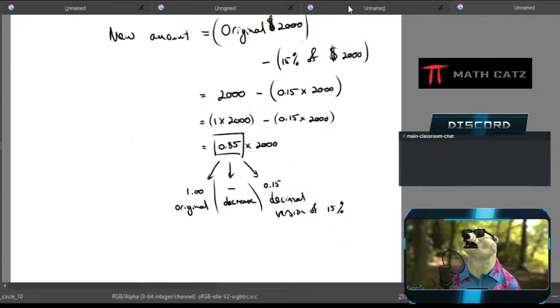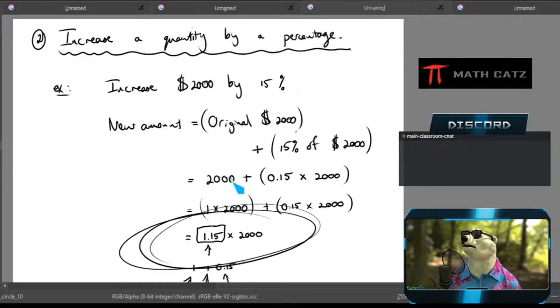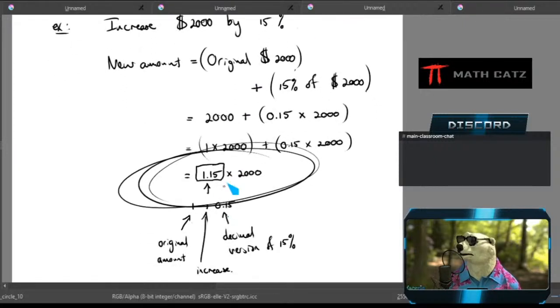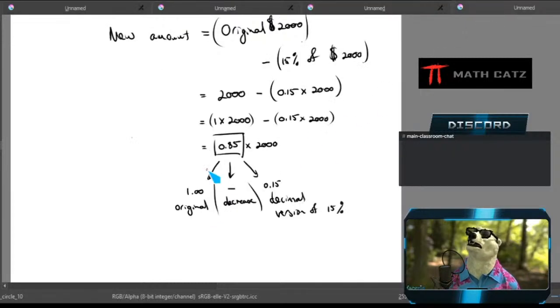So instead of increasing, going up from the base 1, decreasing is going to go down from the base 1 and adjust it in the same way, just with a different factor.